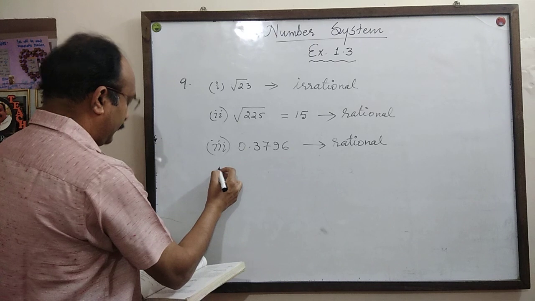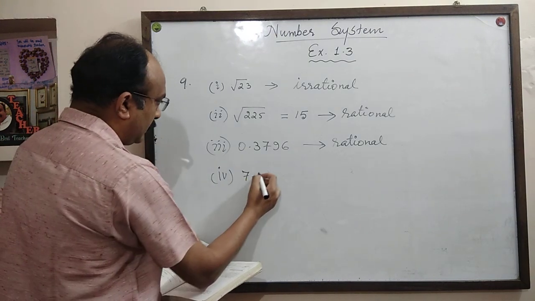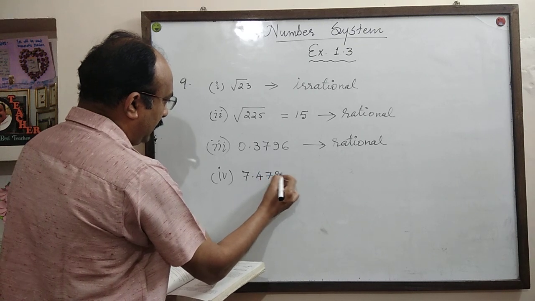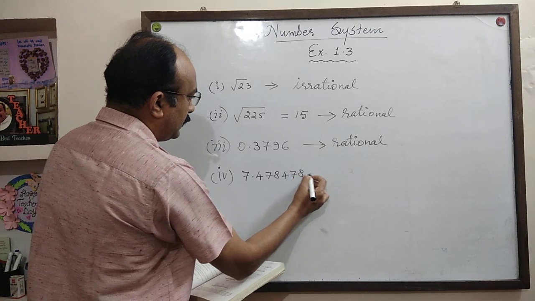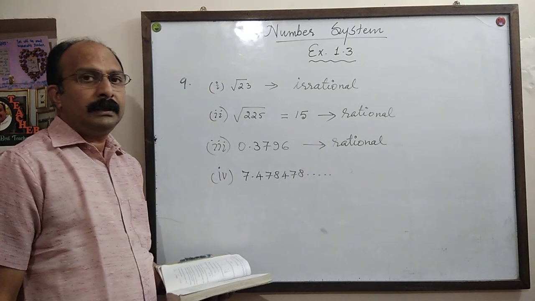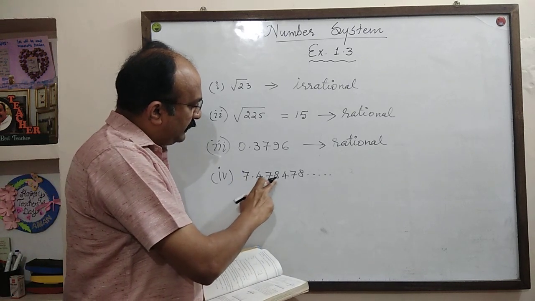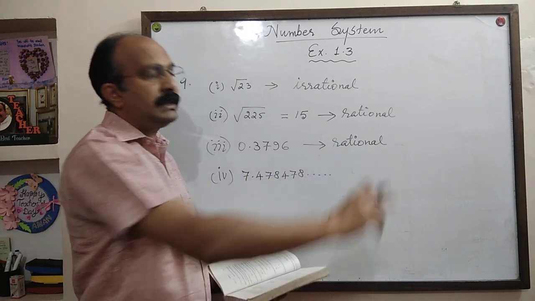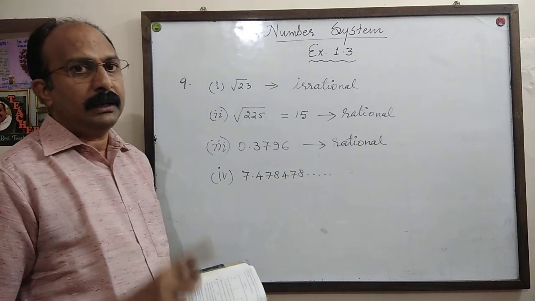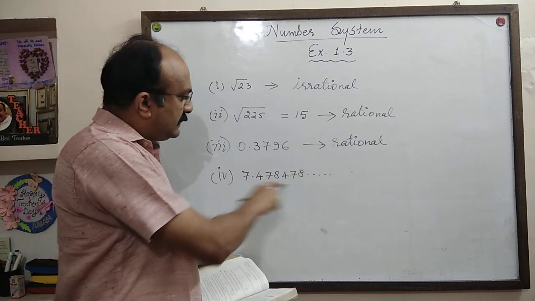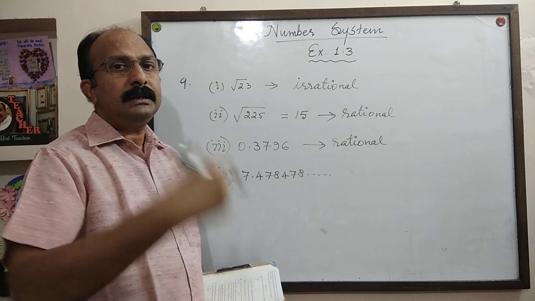Fourth, 7.478 dash dash dash. You can very well see here 7.478478 dash dash. This dash dash indicates that it is not terminating. But if you look at these digits, you can see that 478 dash dash.